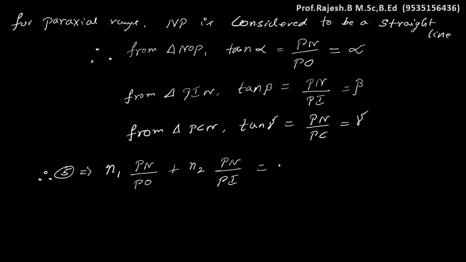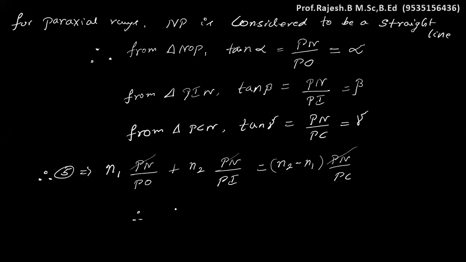So gamma is PN by PC, into N2 minus N1. I can take the PN common on the left-hand side, and PN will be cancelled on all sides.